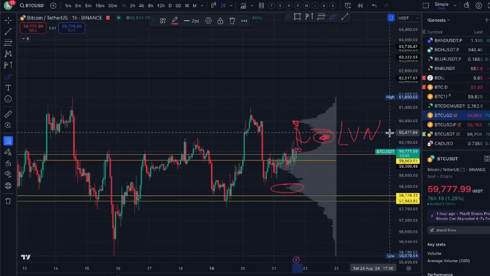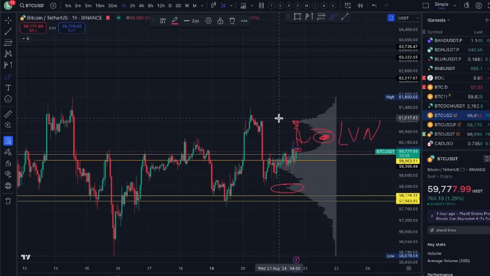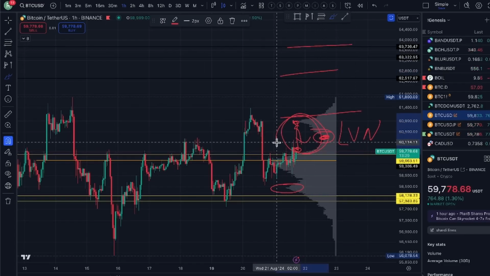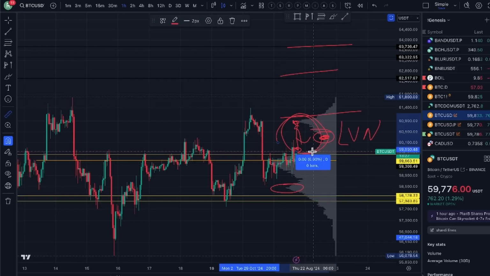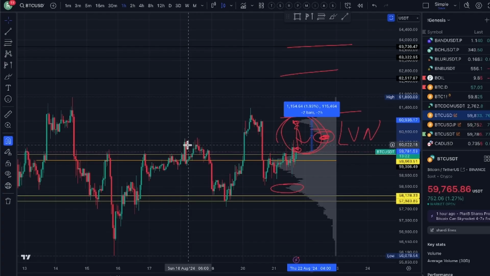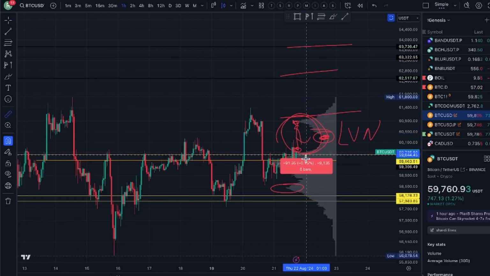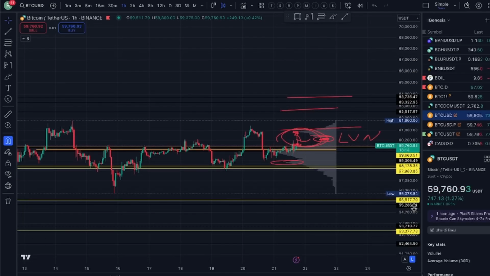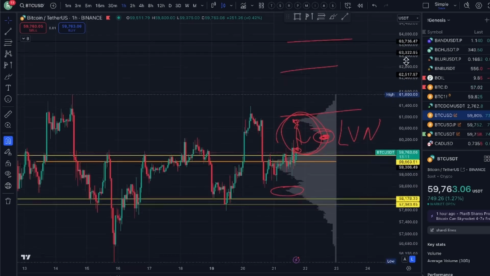And if you remember from my explanation just a minute ago, we've been seeing the points of control all the way here. And it also aligns with the fact that there is a huge low volume node here. So I can expect the Bitcoin move of 2% as something much more probable than a huge downwards move to the area where we found our previous points of control at 47,000 and onwards.